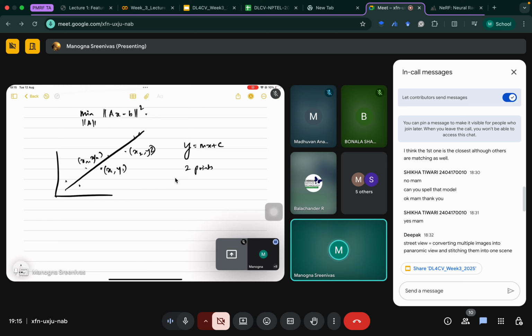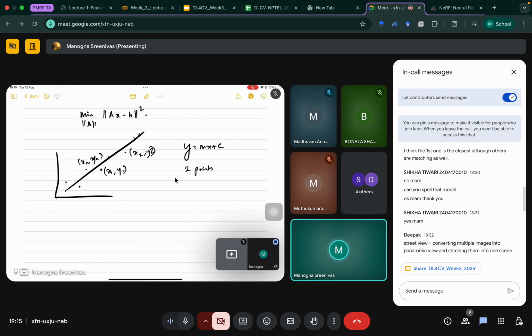So what do we do here? If I want to fit a line, I take my points, say x1, y1, and so on, right? The model parameters are m and c. I want to estimate the best m and c that fit this line, right?